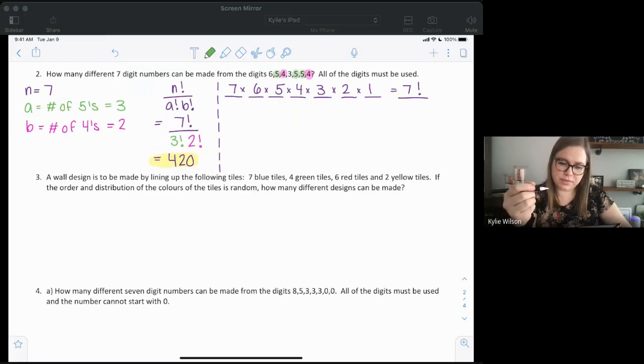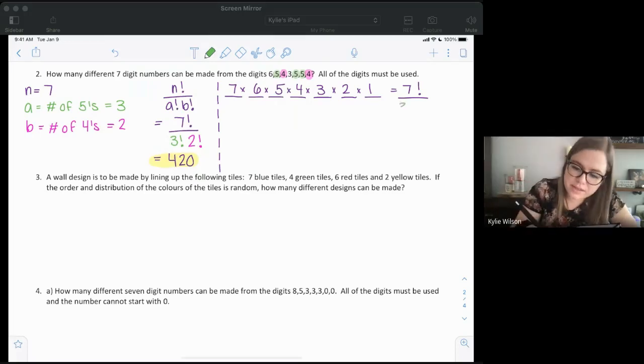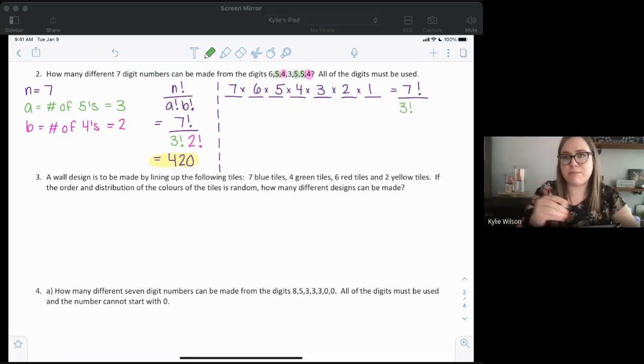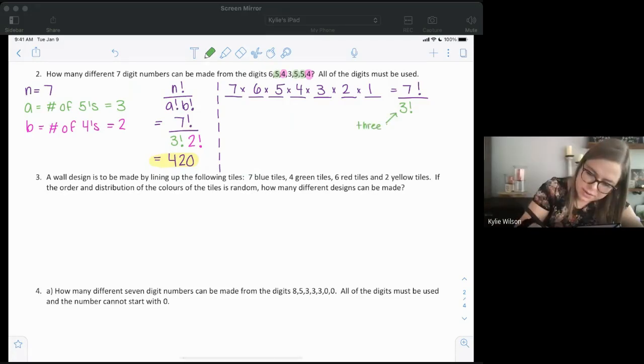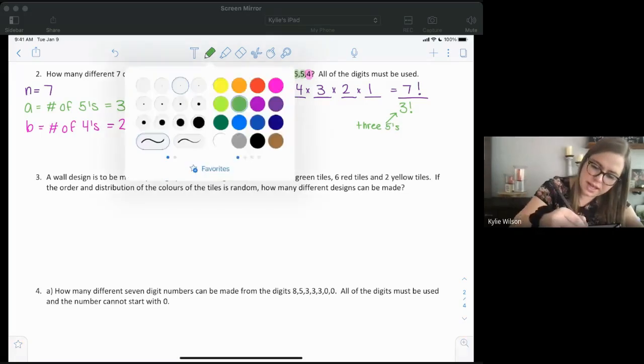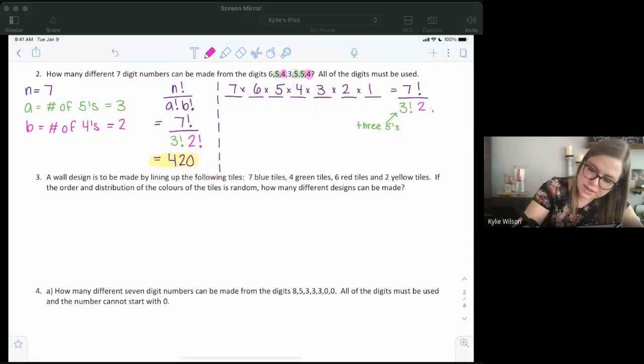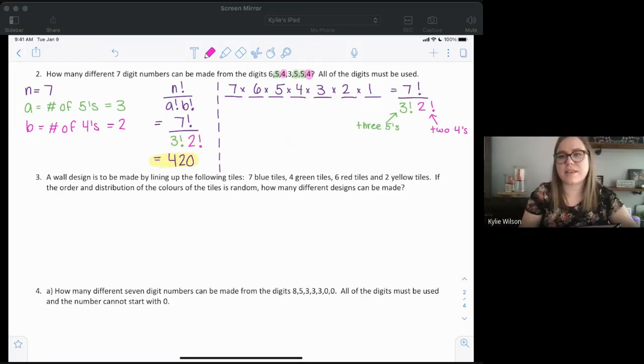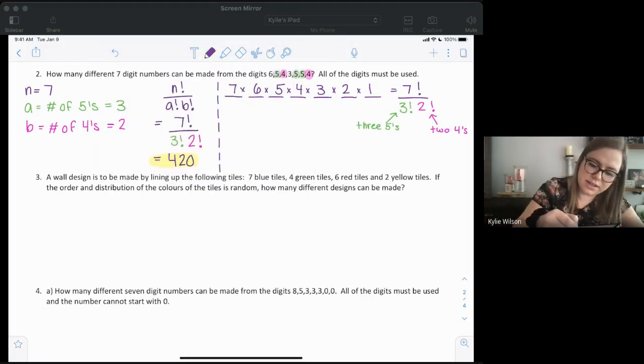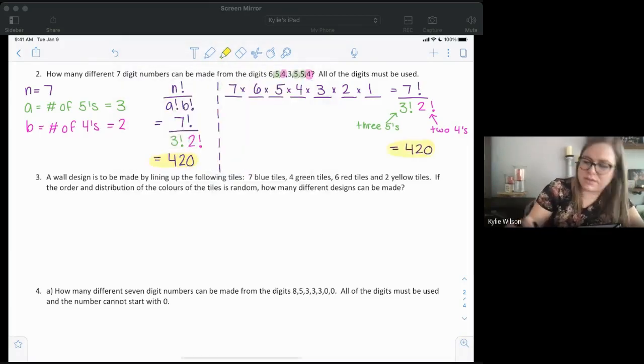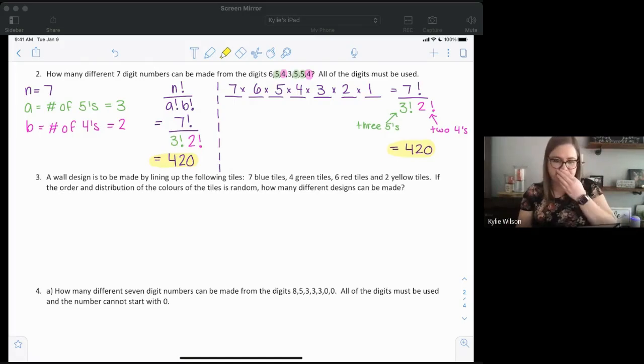So we need to divide out the ways the 5s could all be switched around. So that's 3 factorial. That's because I have 3 5s. And then I need to divide by 2 factorial, and that's because I have 2 4s. So now I can just put that into my calculator, and it's the same thing as the other one. It's just that one of these is usually easier for people to see.